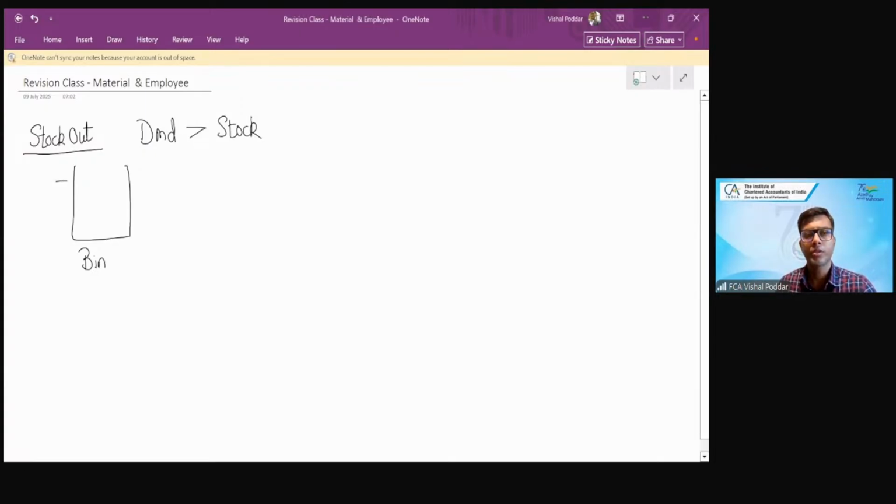Now, this is your stock level. Whatever quantity is there in your bin is your stock level. And we determine different types of stock levels so that we are able to take different decisions. Let us say this is your present stock level after your purchase. Every day there is some demand.